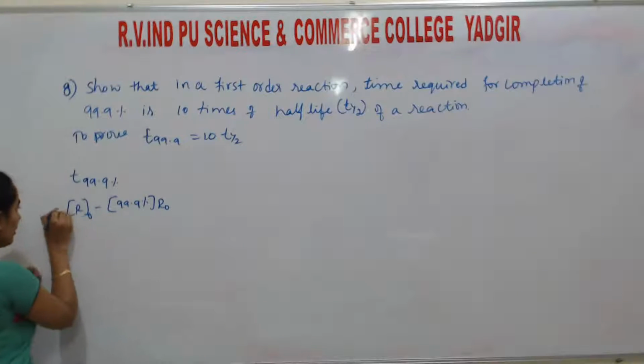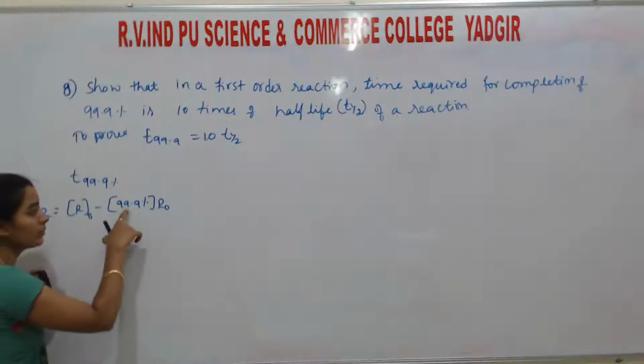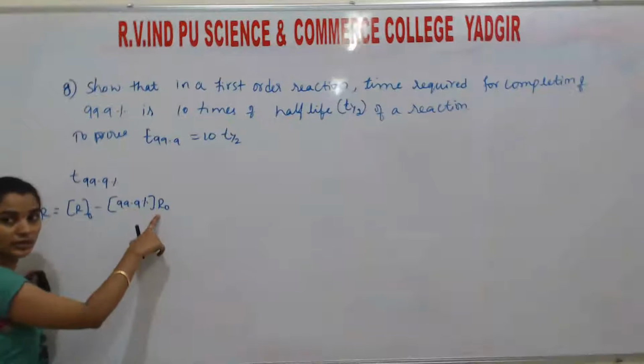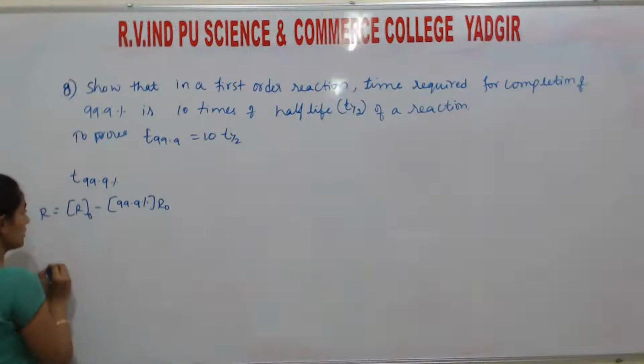Then that is the R value. Because after some time 99.9% of this reaction will come. Understand? So this is the R value.